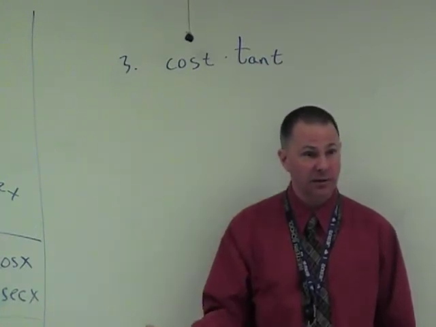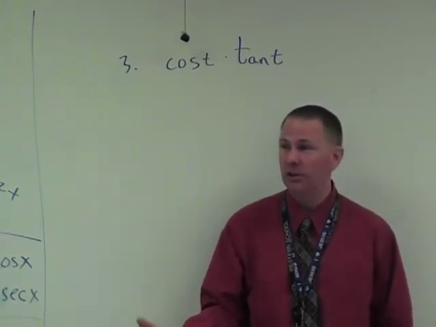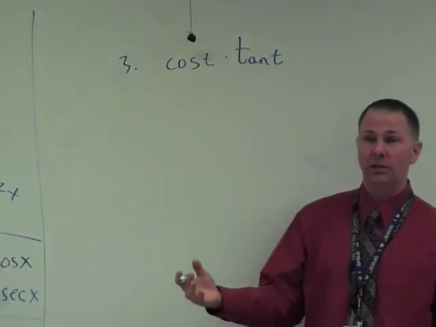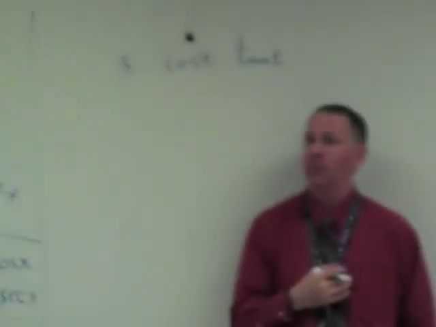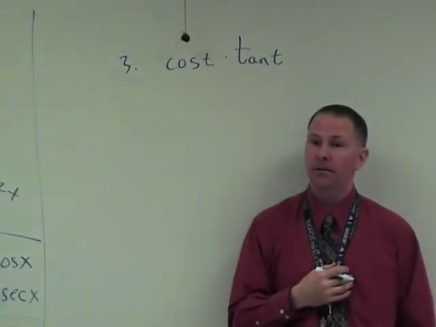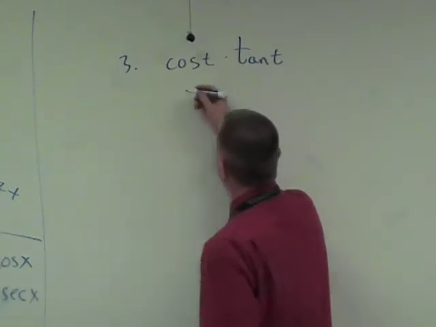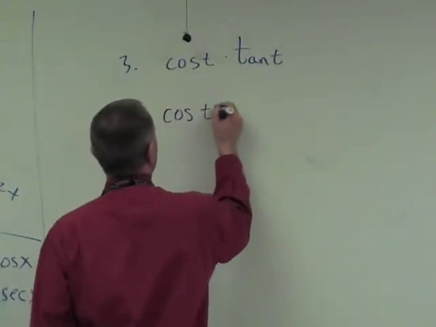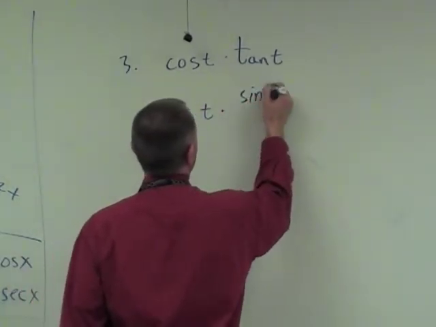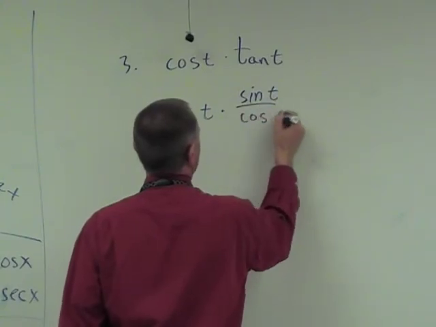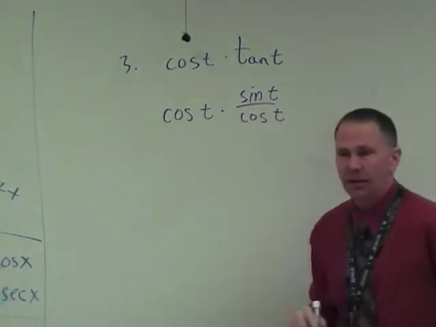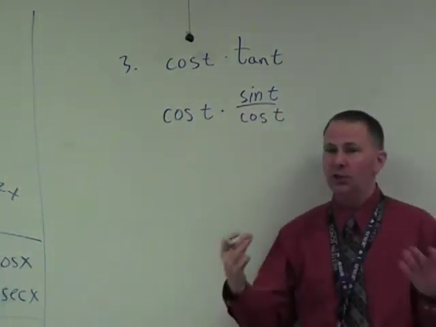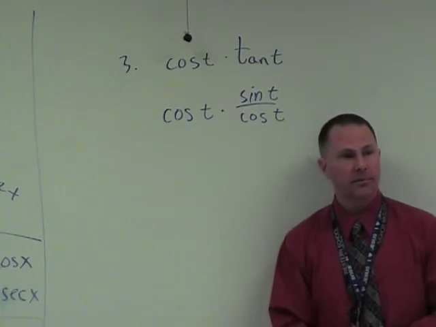Do I need to change cosine? No, I don't need to change that. What do I need to change? Tangent. Well, what do you know about tangent in terms of sine and cosine? Do you know anything about that? It's sine over cosine. So here we have, again, cosine of t times the sine of t over the cosine of t. Now it's written in terms of just cosine and sine.